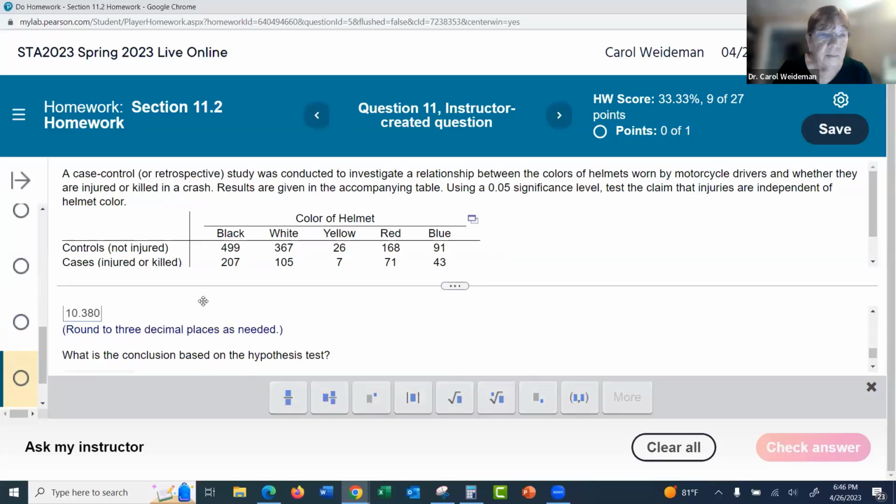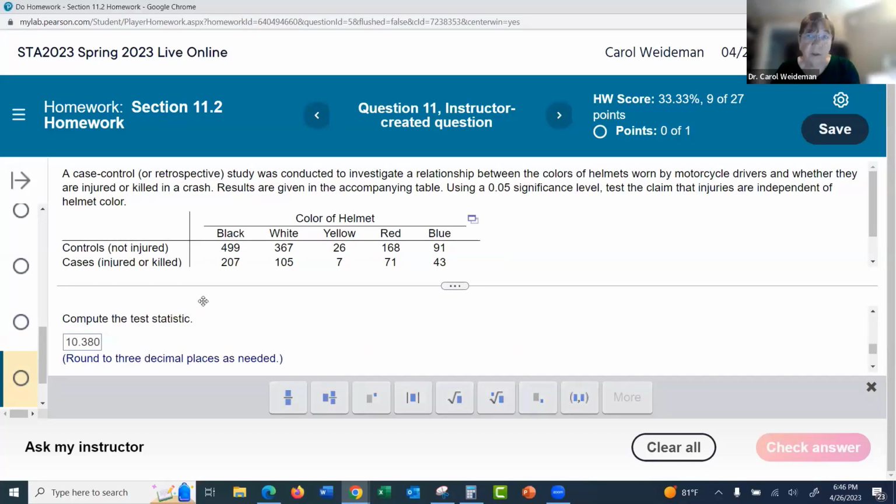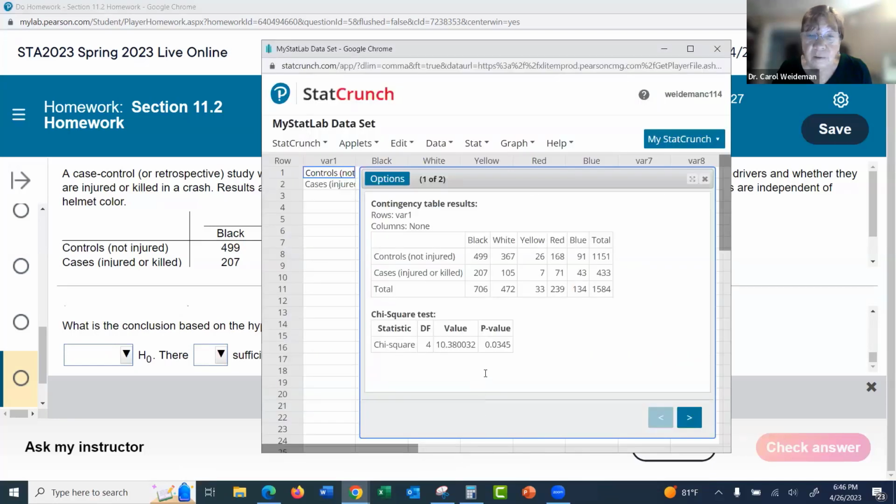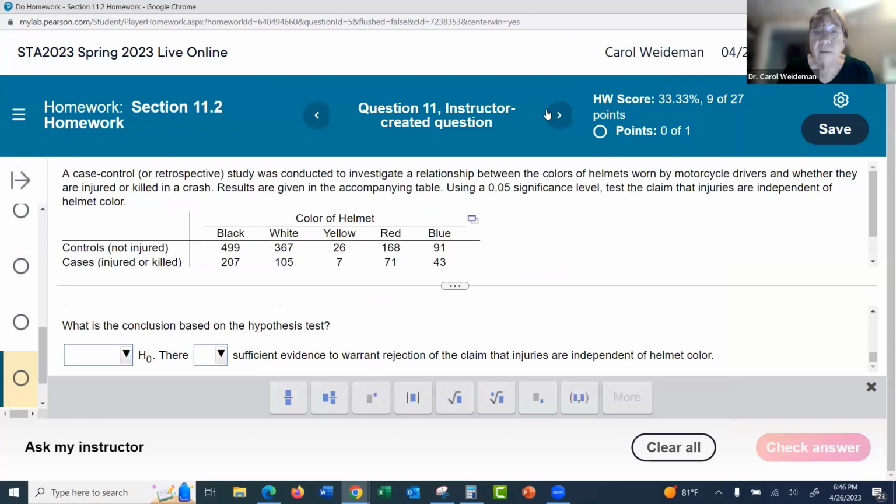Again, this one you're going to have to go all the way through. I edited some things out of the question. That's why it's making you do all the parts before it checks your answers. And then finally, they want the conclusion. You're going to have to look at the problem for the p-value. The p-value was 0.0345, and the alpha level they asked us to use was 0.05.